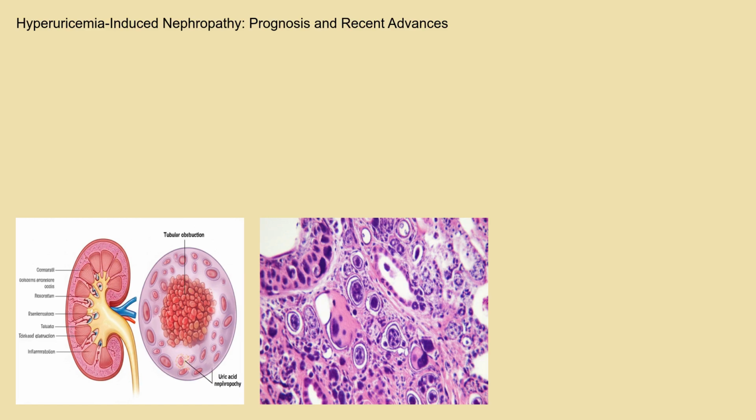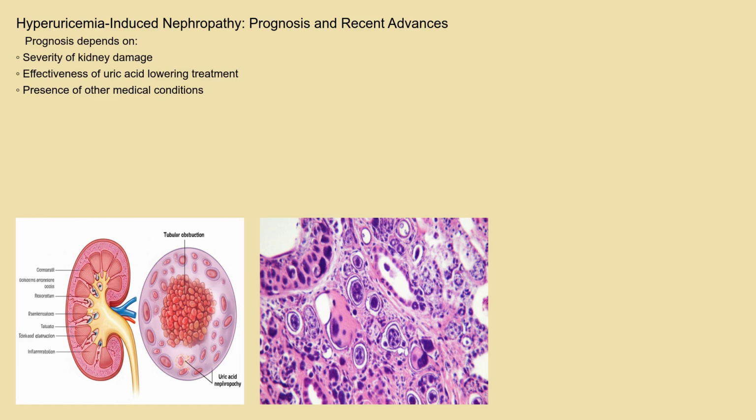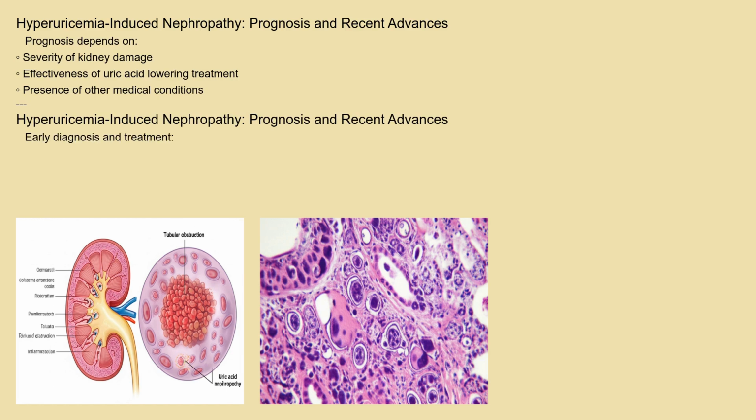The prognosis for hyperuricemia-induced nephropathy depends on several factors, including the severity of kidney damage at the time of diagnosis, the effectiveness of treatment in lowering uric acid levels, and the presence of other medical conditions. Early diagnosis and treatment can often slow or even halt the progression of kidney disease. However, if left untreated, it can lead to chronic kidney disease, kidney failure, and the need for dialysis or kidney transplantation.